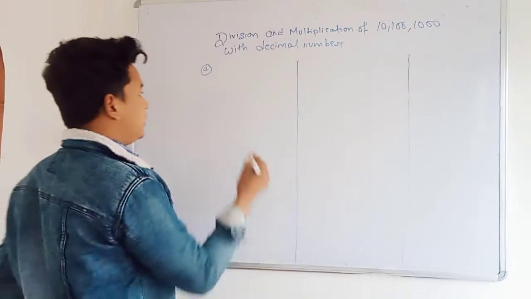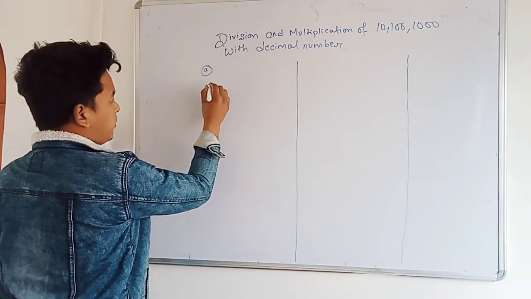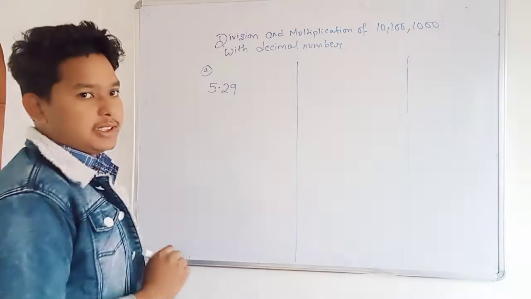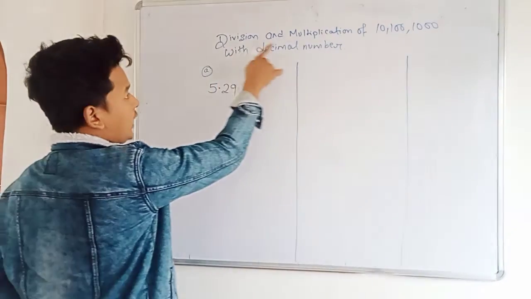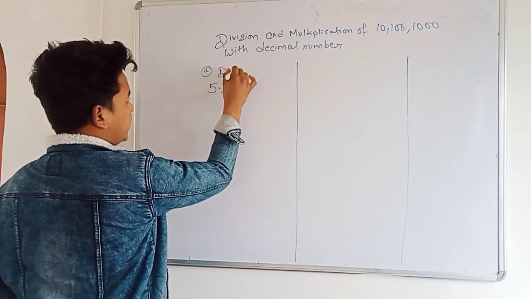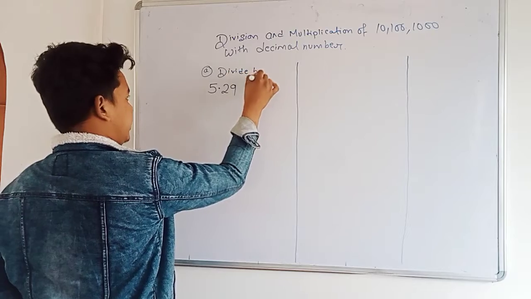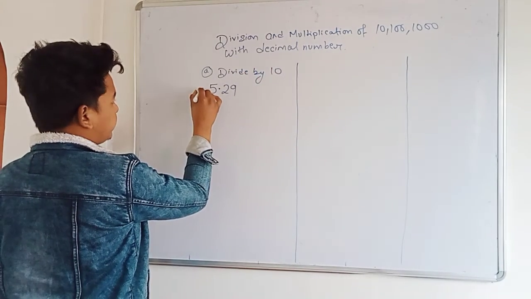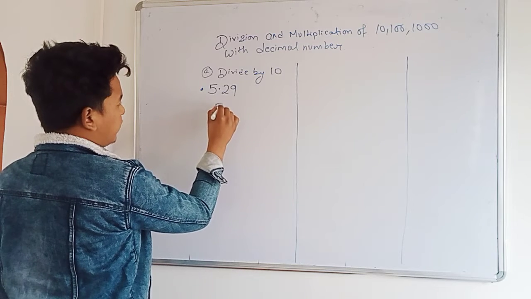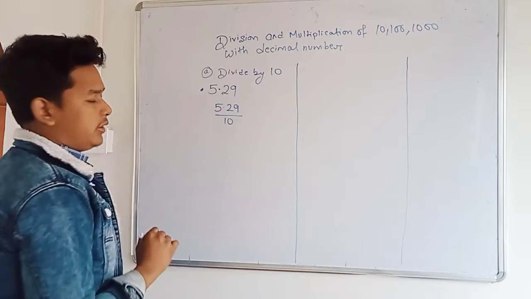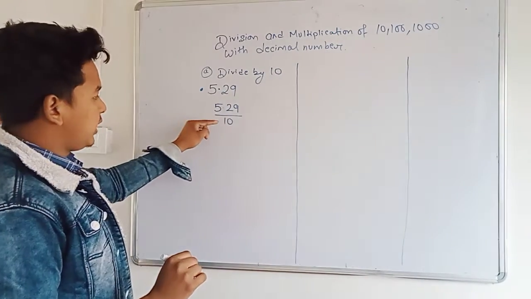Say any decimal number, 5.29. So this is a decimal number. And divide, right? Division means divide. Here divide by 10. So if this is a number and you have to divide by 10, 5.29 divided by 10. So this is the division line.